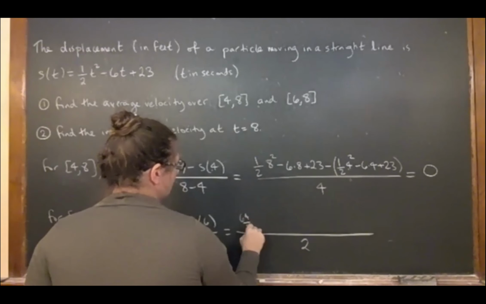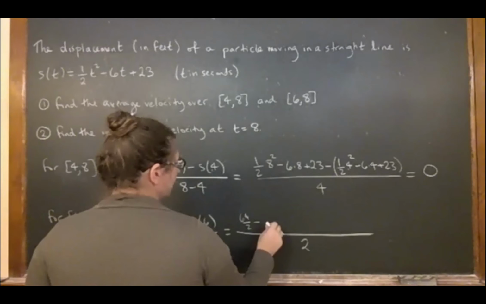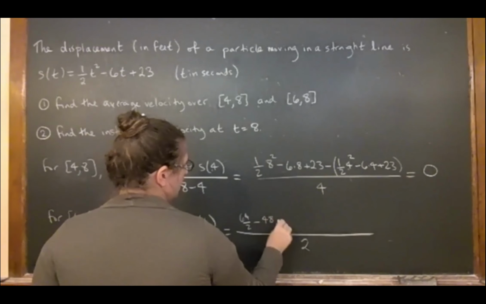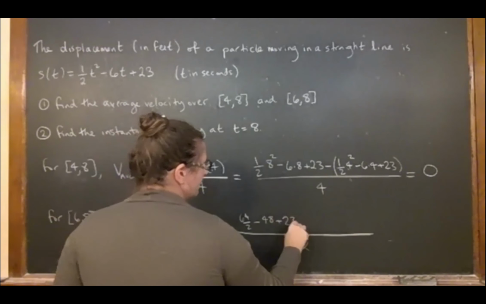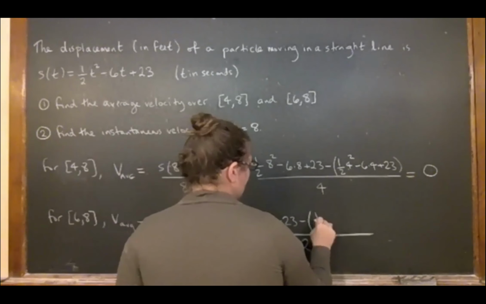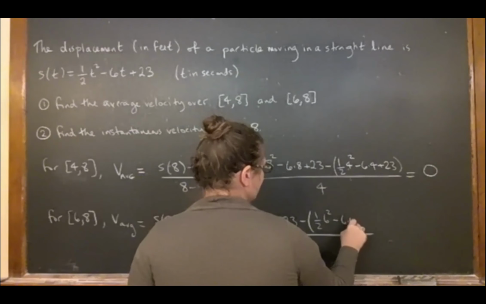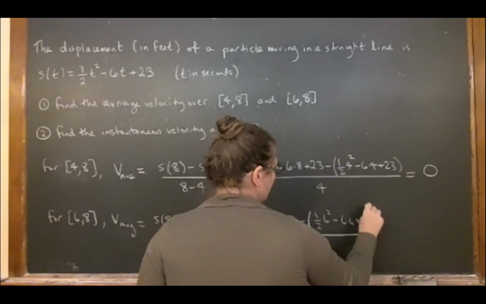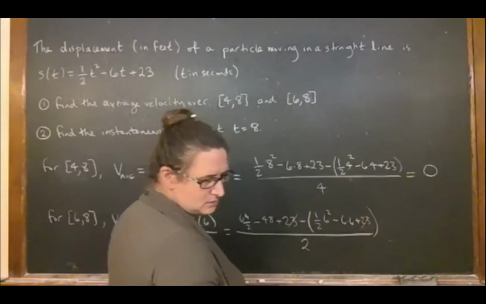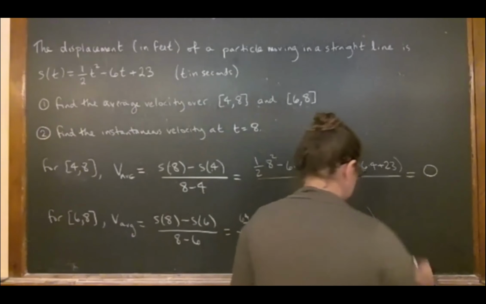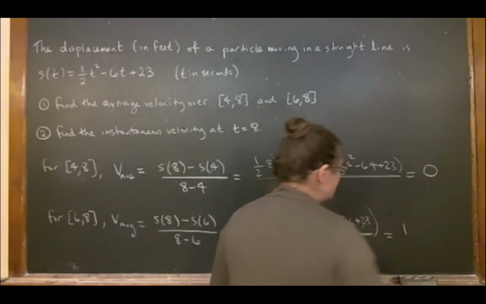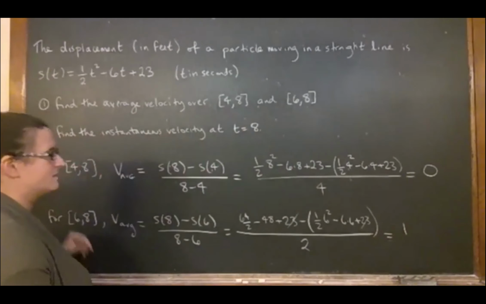That's a 64 over 2 minus, now I'm going to have 1/2 6 squared minus 6 times 6 plus 23. So again, the 23's cancel out. Eventually, this ends up being 2 over 2 or 1. Okay, 0 or 1, fine.